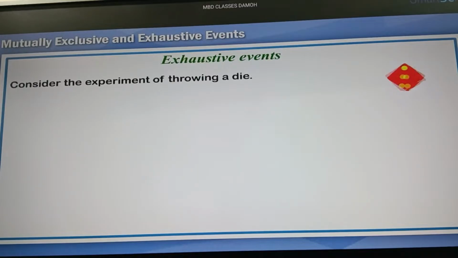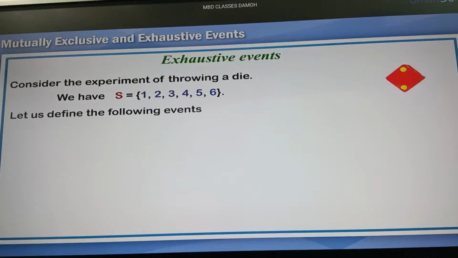Now let us learn about exhaustive events. Consider the experiment of throwing a die. We have S is equal to {1, 2, 3, 4, 5, 6}. Let us define the following events. Event A, a number less than 4 appears.